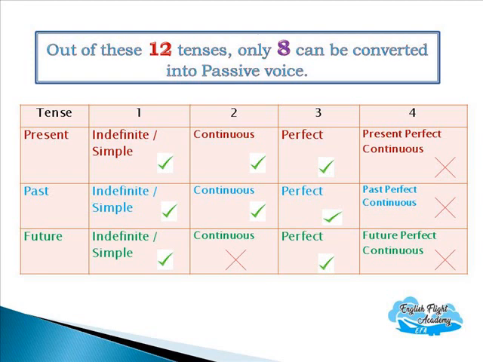Simple present, present continuous, present perfect can be transformed, but present perfect continuous tense cannot. Then simple past, past continuous, and past perfect can be changed, but past perfect continuous tense cannot be changed from the active voice to the passive voice.